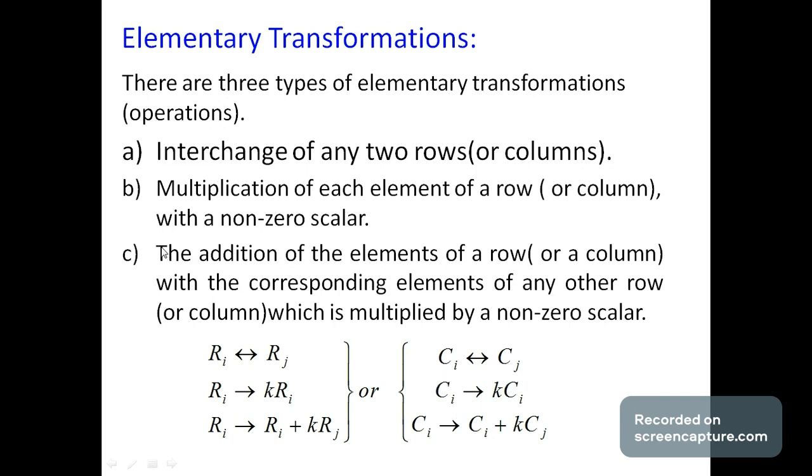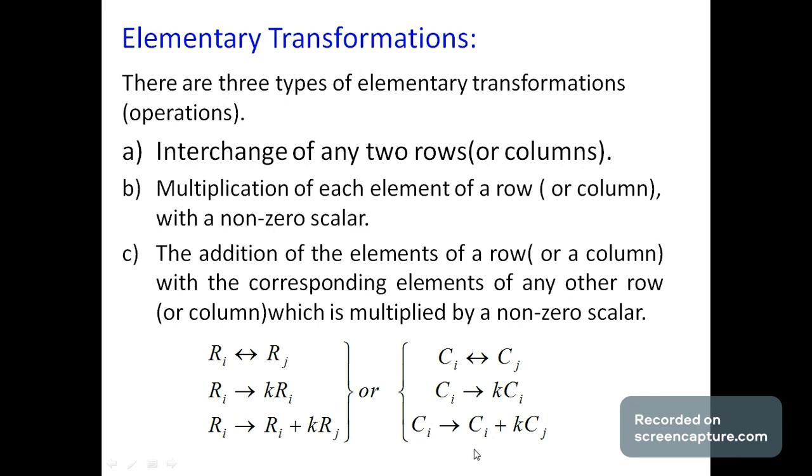The third type is the addition of the elements of a row with the corresponding elements of another row, which is multiplied by a non-zero scalar. So the third property is a combination of the first and second: multiplication and addition. That is, the ith row is replaced by the ith row plus k times the jth row.